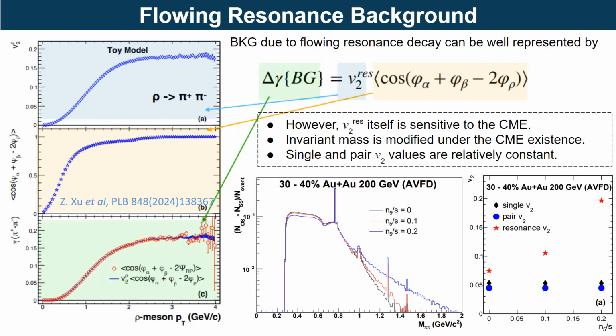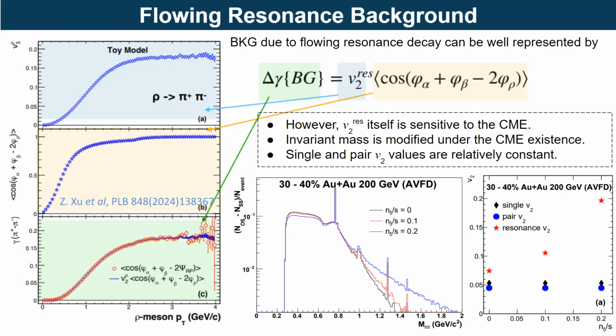However, we cannot use resonance V2 to control background. The reason is, in the experiment, we use invariant mass to reconstruct the resonance, and even this invariant mass distribution is influenced by CME. So this is something striking to us.